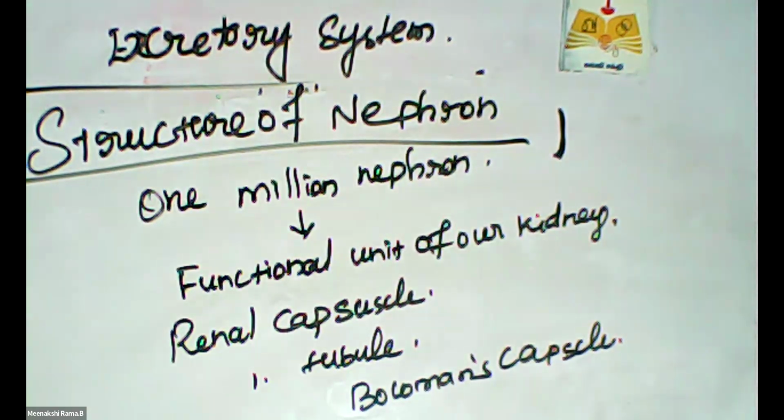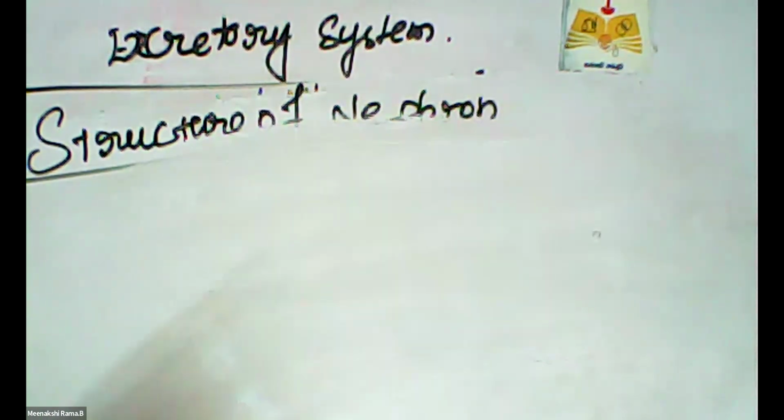Okay, so the cup-shaped structure of renal capsule is known as Bowman capsule also. So next one, what is the mechanism of urine formation? How is the urine formed in those places? The excretory system means the urine formation, how the urine is formed.